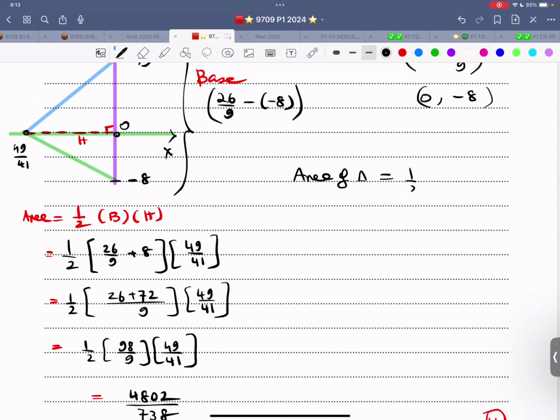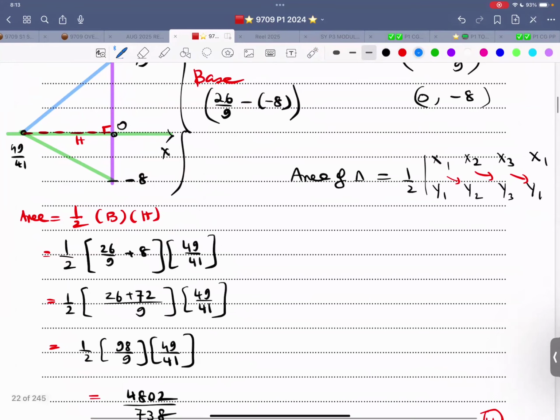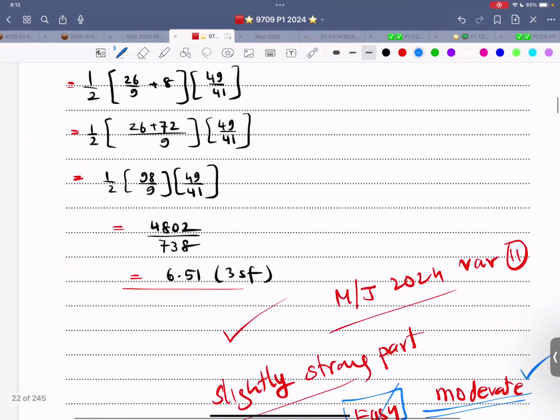That is half times x1, x2, x3, x1, y1, y2, y3, y1, and then you know exactly what to do. You multiply in this direction and add it up, then multiply in this direction and add it up, and then there is a minus sign and things like that.